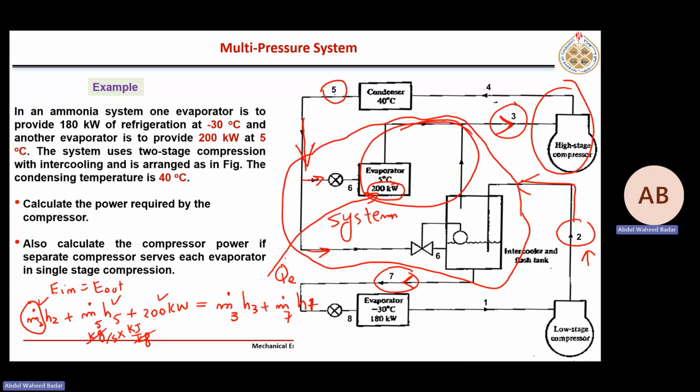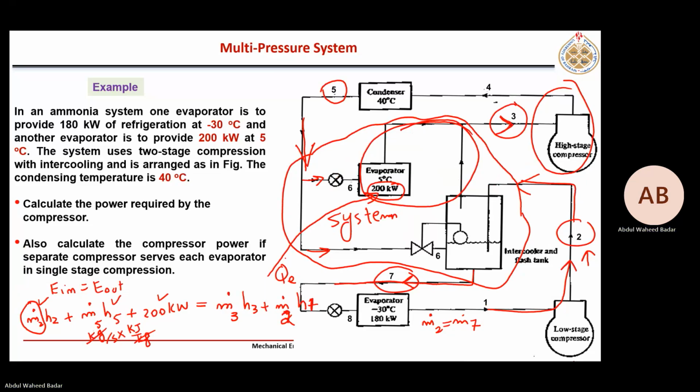Is M dot 2 equal to M dot 7? See the figure? Whatever mass is flowing here, it is finally reaching here. So M dot 2 is equal to M dot 7. So here I can write this m dot 7 as m dot 2.